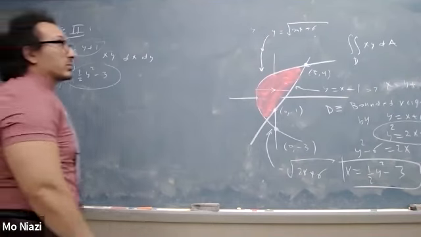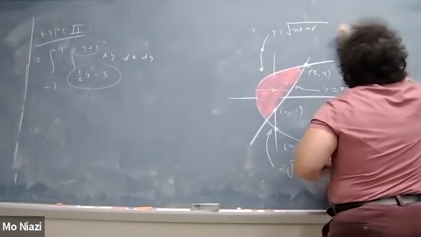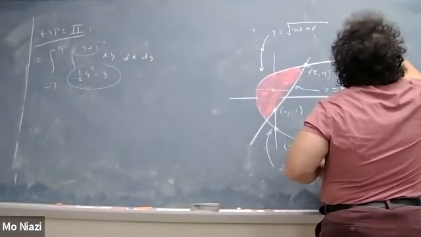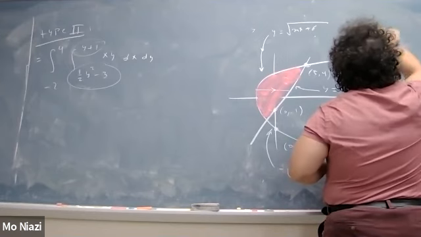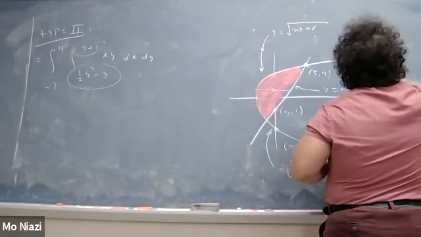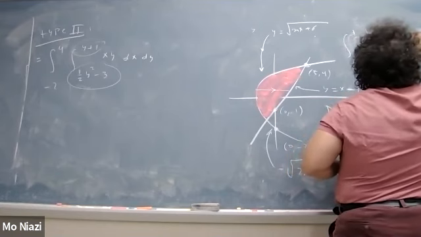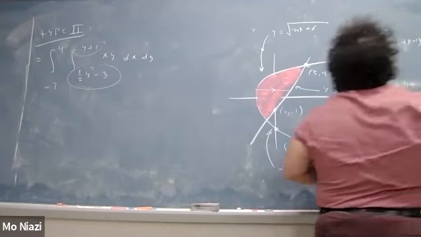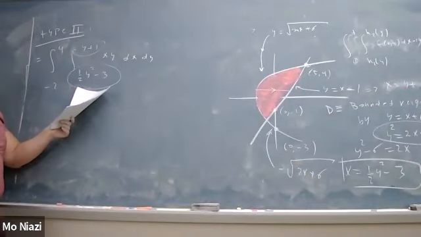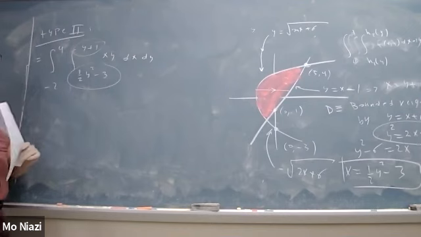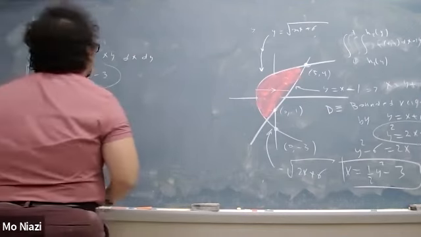Because a type 2 had some h1 of y, some h2 of y, and some c and d, some f of x, y, dx dy, right? So we had to express our functions in variables purely in y. That's why we did the algebraic manipulations that we did so far. And then we just integrate.